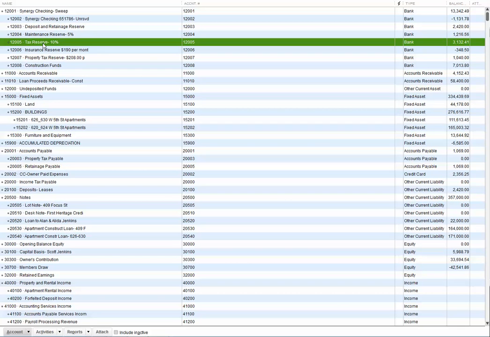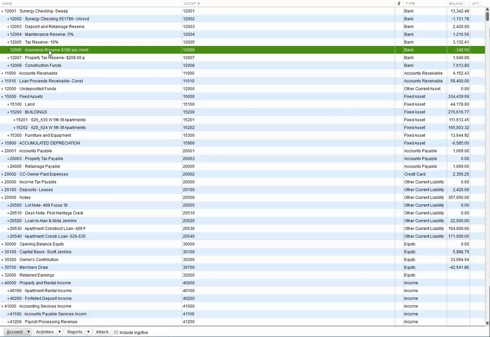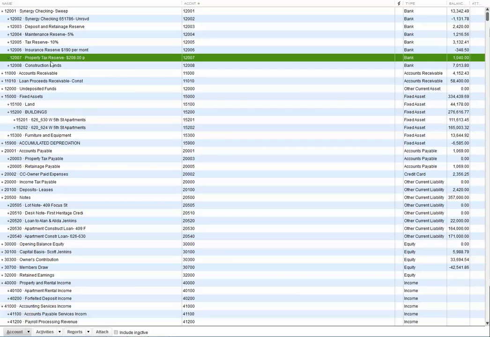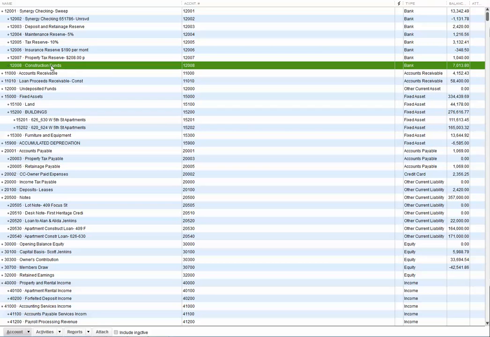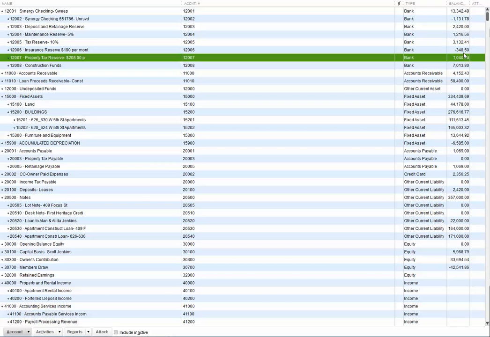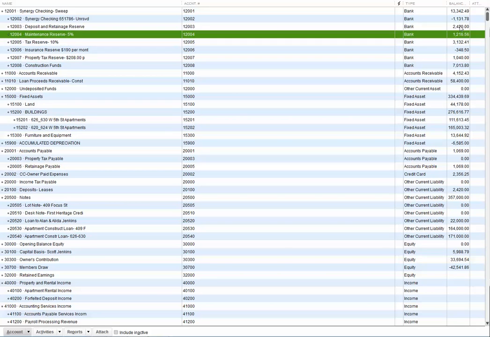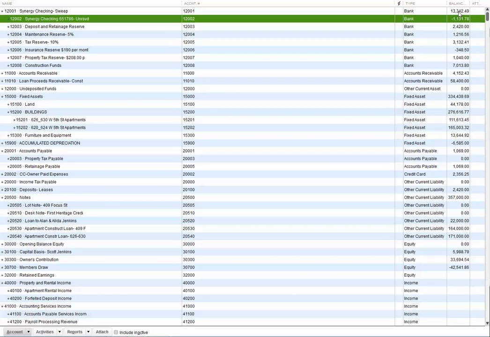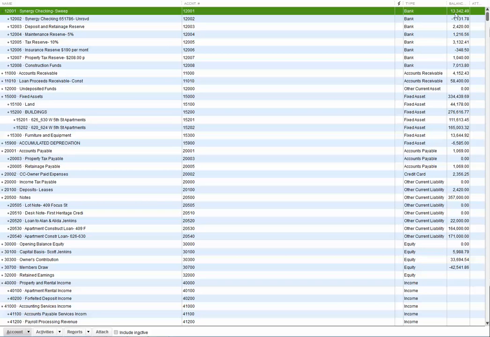Basically, this is where, as I earn income, I set aside a certain percentage to send to the IRS quarterly, insurance reserves, property tax reserves, and construction fund reserves. As you'll notice, each of these accounts has its own separate balance. However, in total, the balances roll up into the single sweep account.